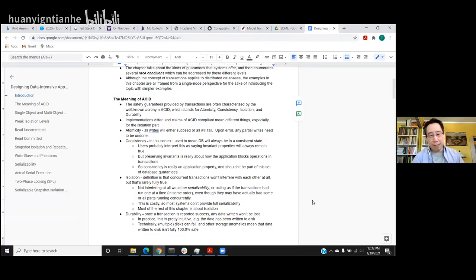It's really up to the application to create transactions, such as when you're transferring money from one bank account to the other, I'm going to wrap those 2 steps inside a transaction. It's totally up to the application to decide what needs to be in a transaction. And so consistency is actually a property of the application. It's not a property of the database. And so C shouldn't really be part of ACID. It should just be AID. I thought that was pretty funny, since I've been hearing about ACID for years and years. I guess it just made a better sounding acronym than AID.